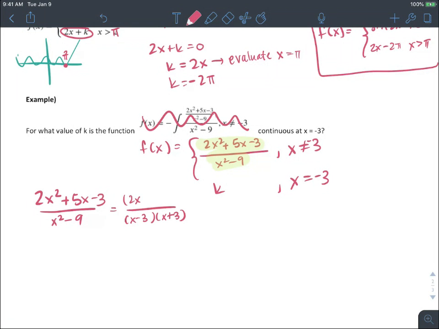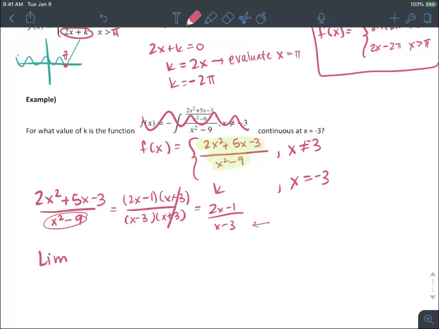The top, I think, is 2x minus 1 times x plus 3. Just double check in my head. Yep, that's right. So that gives me 2x minus 1 over x minus 3. So I notice that now that I don't have the x plus 3 factor, I'm only left with the factor of x minus 3. I can actually just take the limit.